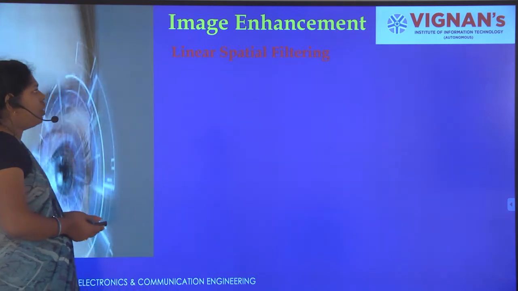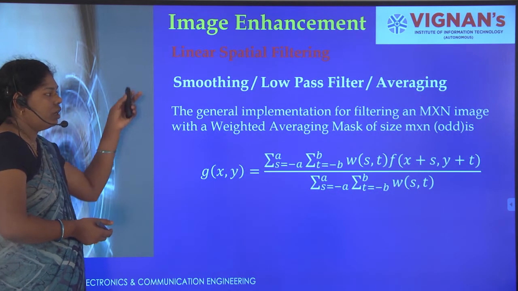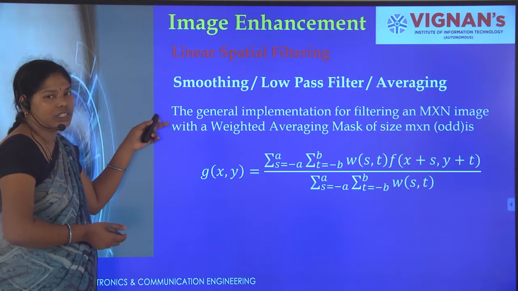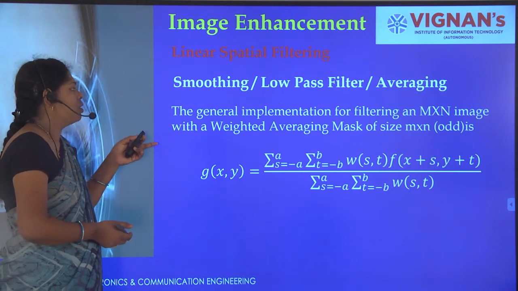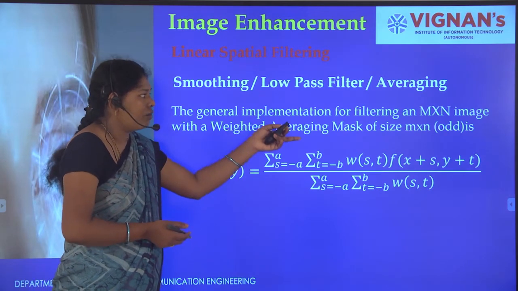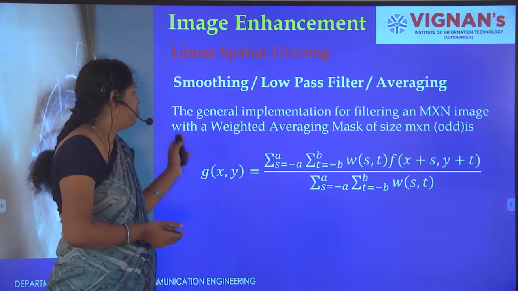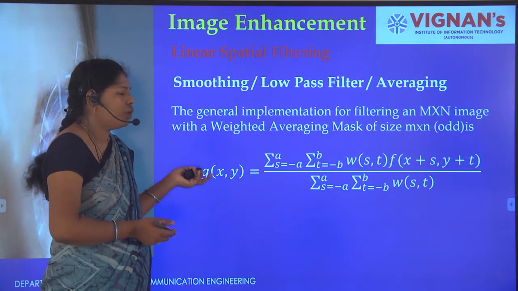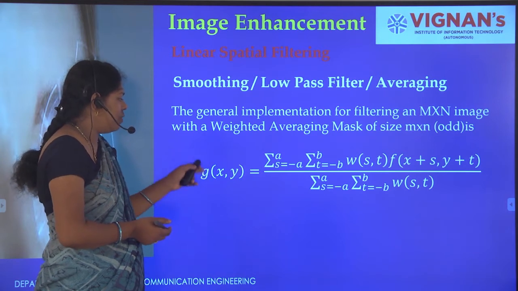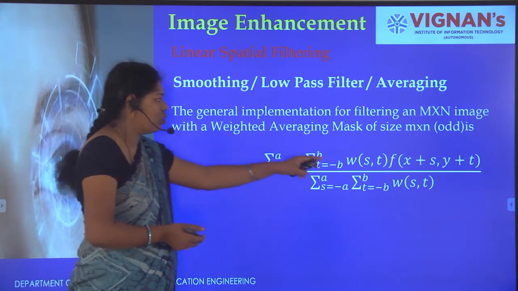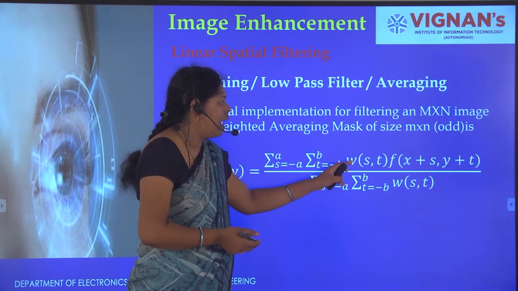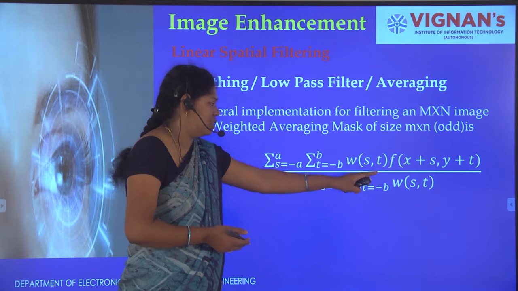Now how do we perform this operation? By using this formula, which is nothing but averaging or mean. The general implementation of image filtering for an m by n image uses a weighted average, or we can simply use an average. Here g of x y is the output image, W of s comma t is the kernel or window or mask, and f is the input image.